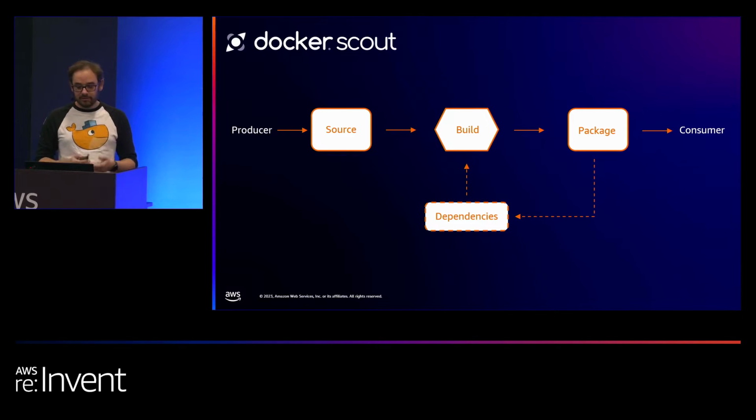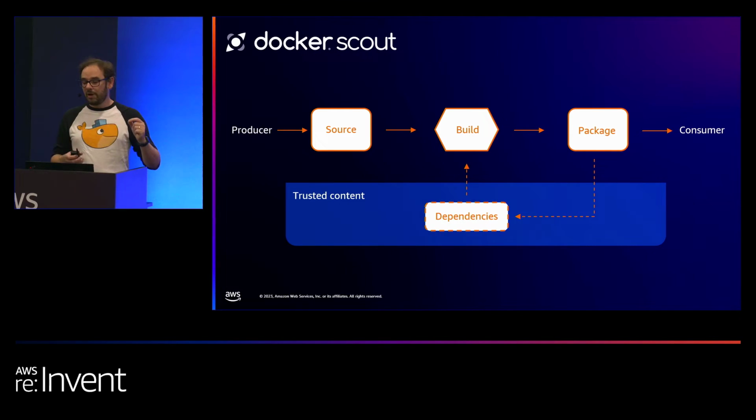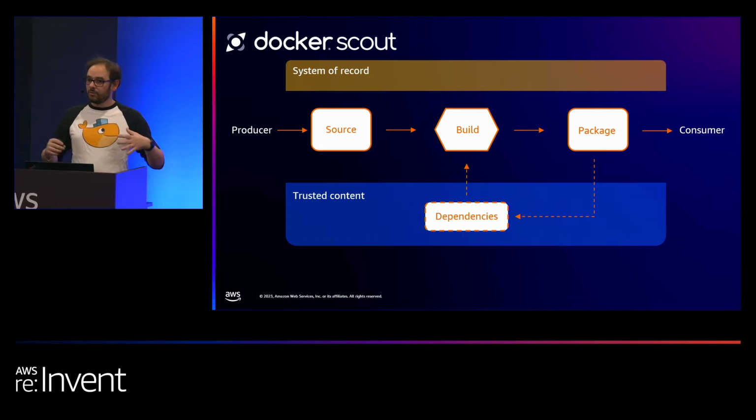So on that, we try to create a solution that will help. The first part is trusted content. For all the dependencies, we have the official images and the verified publishers, so we're based on this trusted content. On the other side, we created a giant system of record where we can store everything, and that will help to have a clear understanding of what the supply chain is right now.